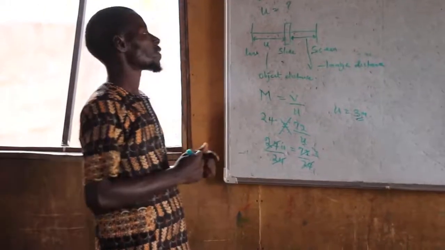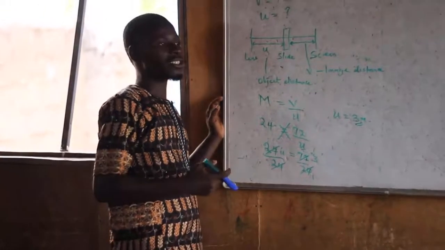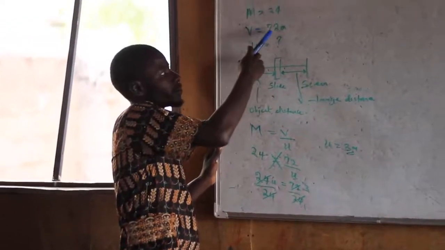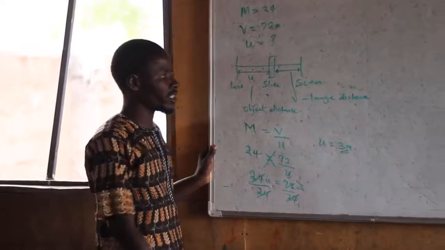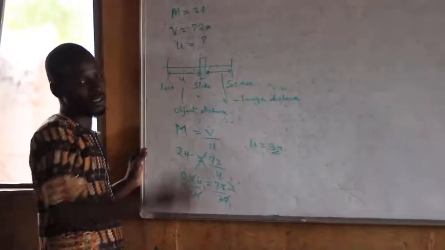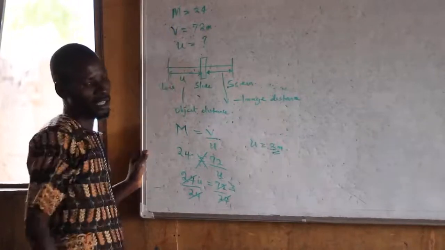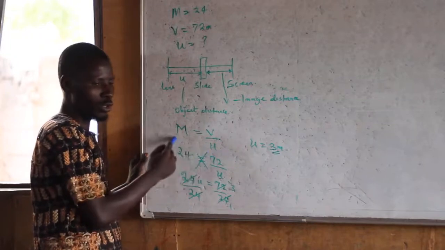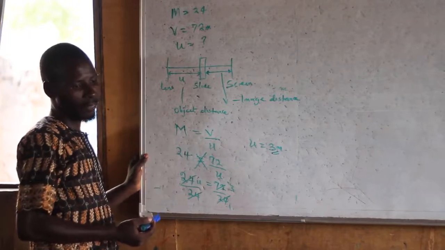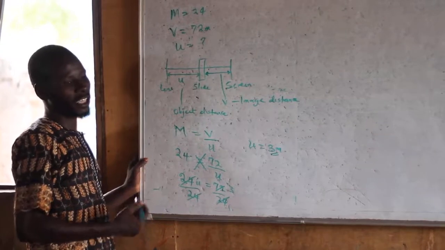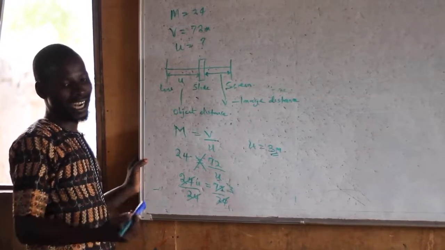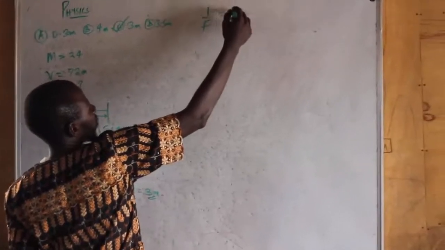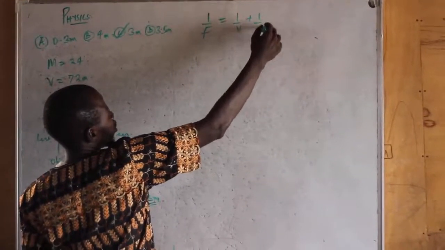So in another case, if I decided to give you your object distance and your image distance, and tell you to find the magnification, you are still going to use this formula. Is that clear? And in the lens formula, it has the general formula, which says 1 over f equals 1 over v plus 1 over u.